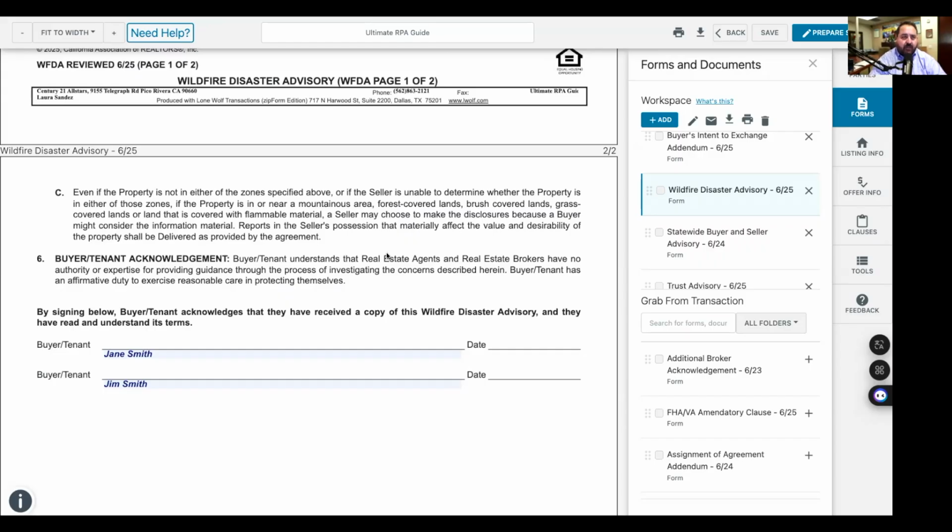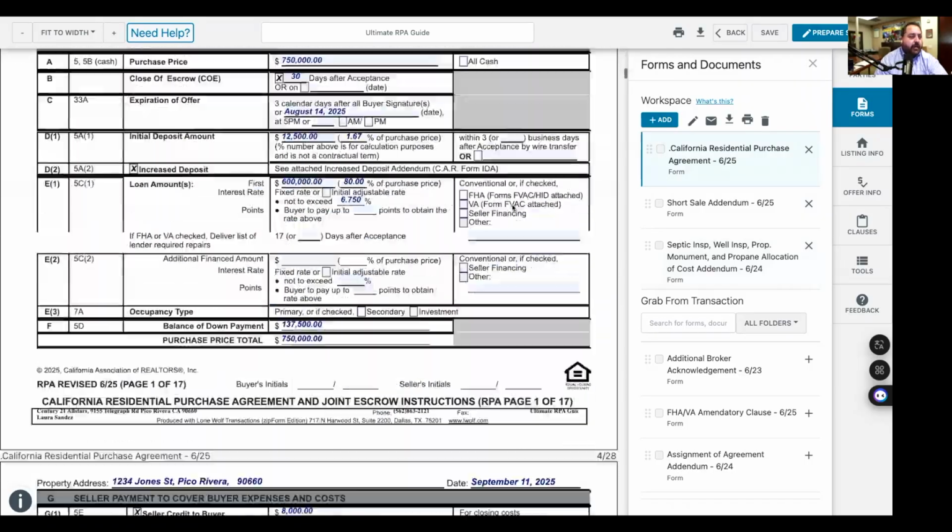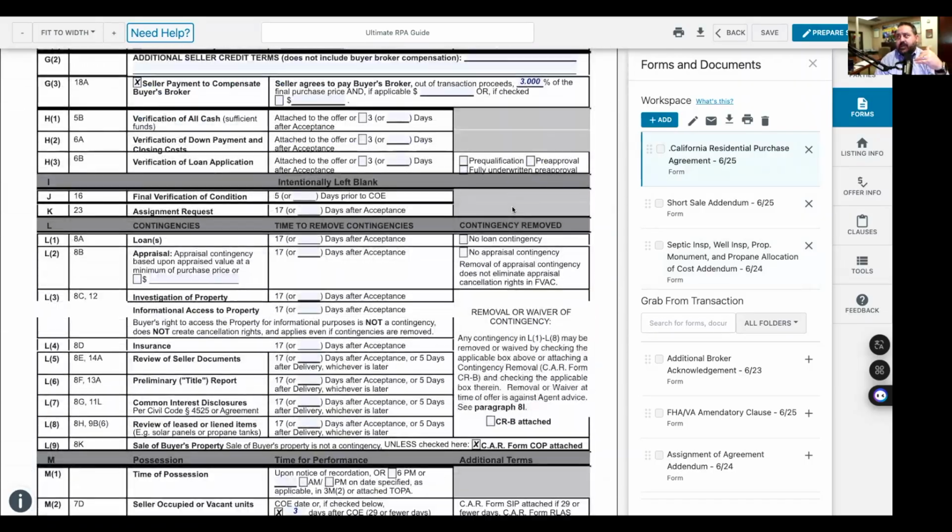If it's in a high or very high fire area, and then we have to deal with that fire hardening disclosure. But if I do it early, I could get all of that stuff done prior to marketing the property. So I run into fewer issues doing it that way.